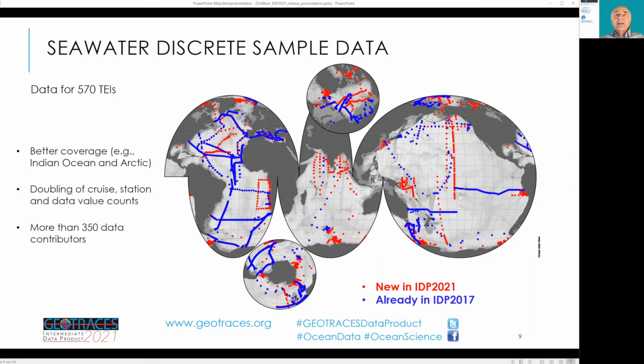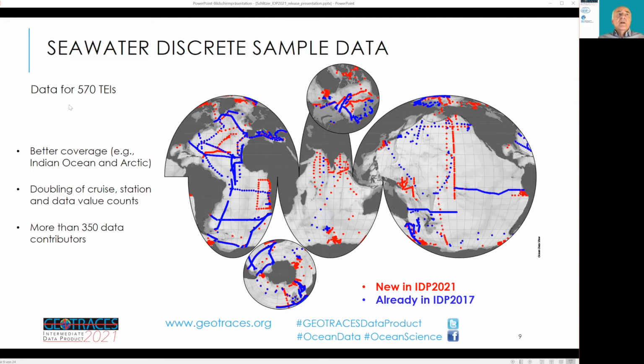And as you can see, there are a lot of new data that are increasing geographical coverage considerably. Especially this is true for the Indian Ocean and the Arctic, but also there are many new data here in the Pacific, in the Southern Ocean, or in the Atlantic.